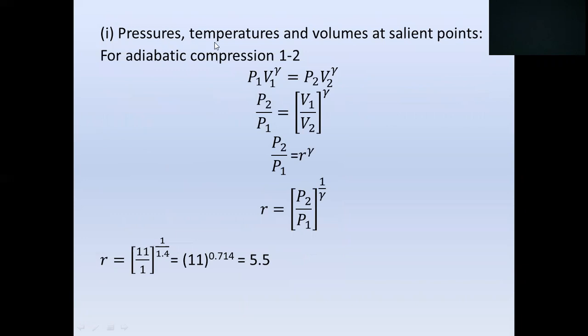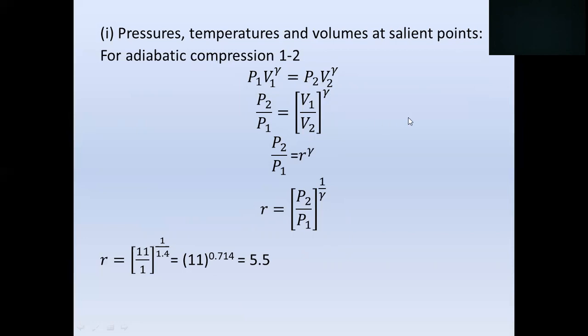So to find the pressure, symbol P, temperature, symbol T, and volume, symbol V at salient points. Process 1 to 2 is adiabatic compression. So we know the relation P1 V1 power gamma is equal to P2 V2 power gamma. Therefore, P2 by P1 is equal to V1 by V2 the whole power gamma.